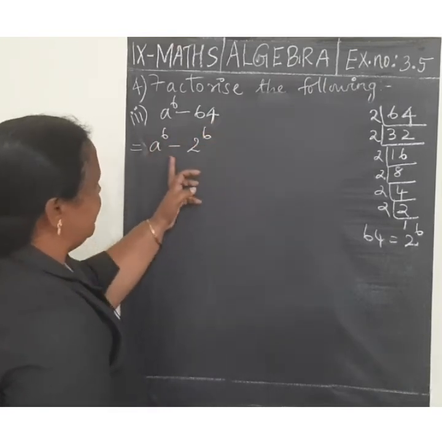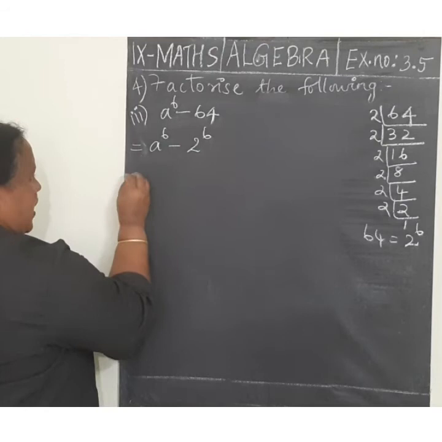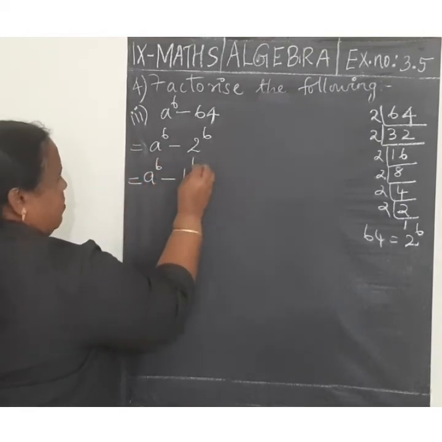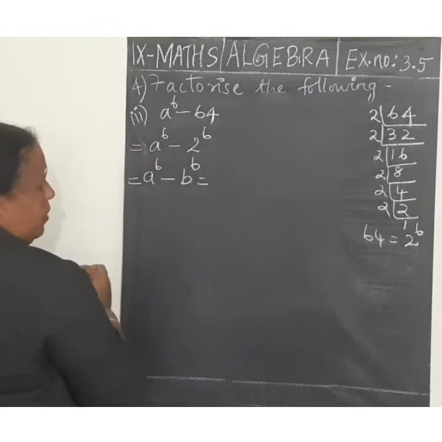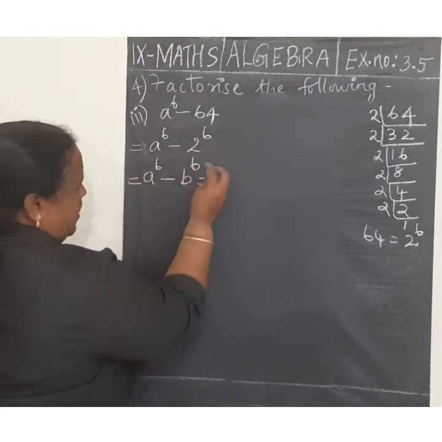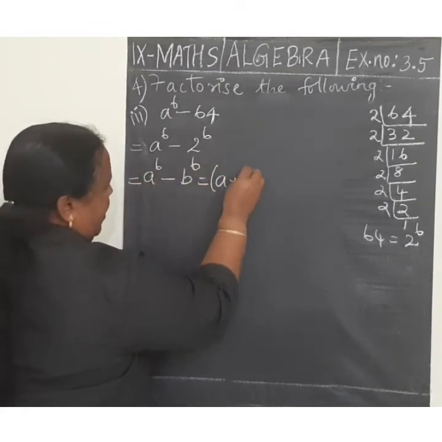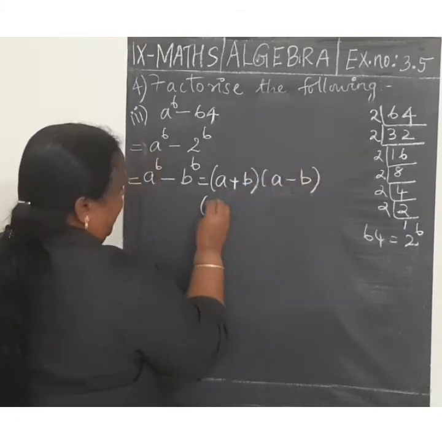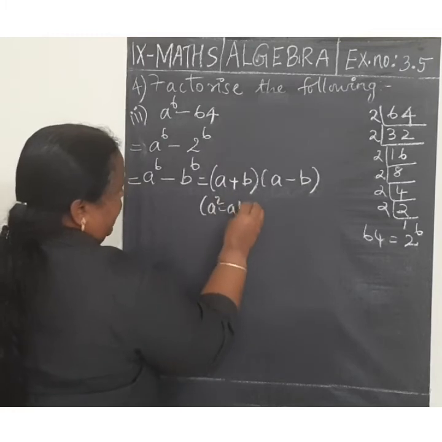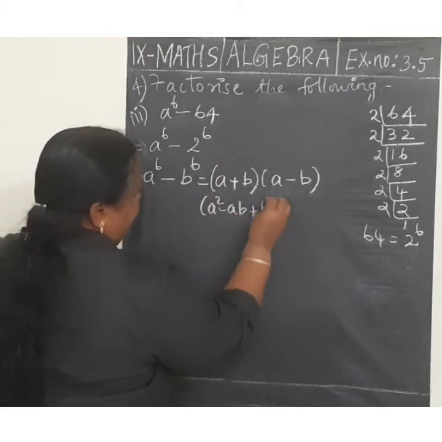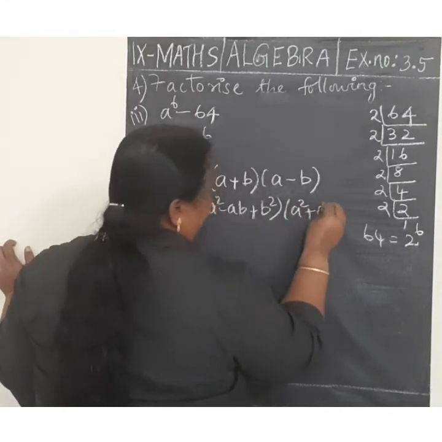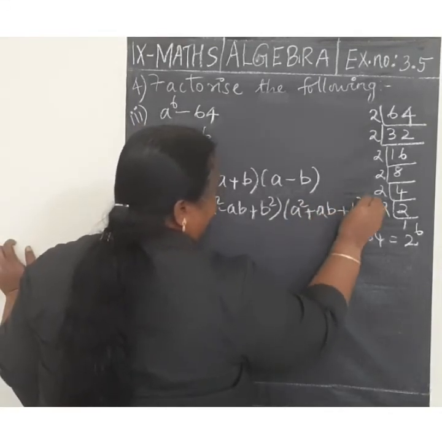Now a power 6 minus 2 power 6. We know the identity: a power 6 minus b power 6 is equal to a plus b into a minus b into a square minus ab plus b square into a square plus ab plus b square.